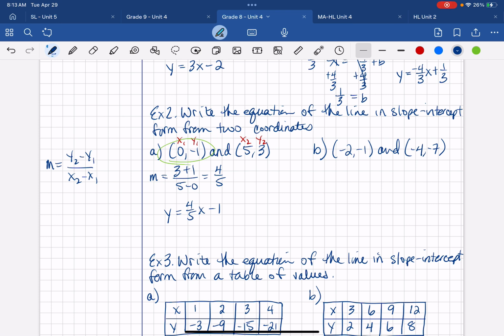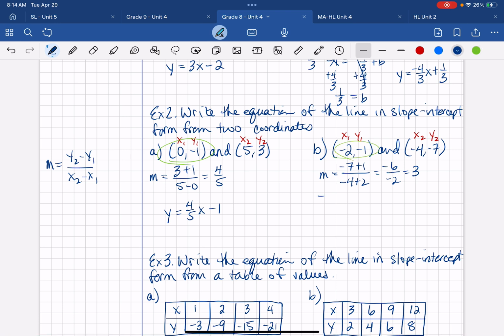I'm going to do the same thing again. I have my x1, y1, x2, y2. And I say m is equal to negative 7 plus 1 over negative 4 plus 2, which gives me negative 6 over negative 2, which gives me 3. And then I don't have my y-intercept, so I'm going to use the smaller numbers to find it.